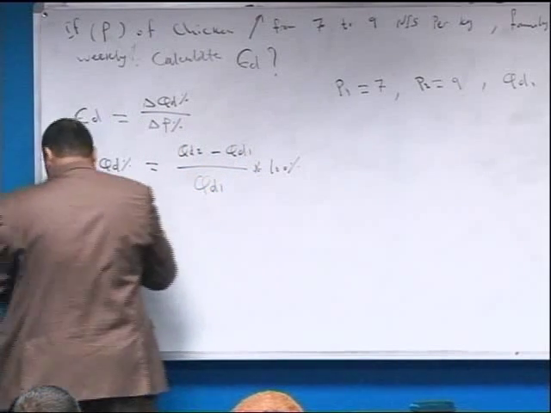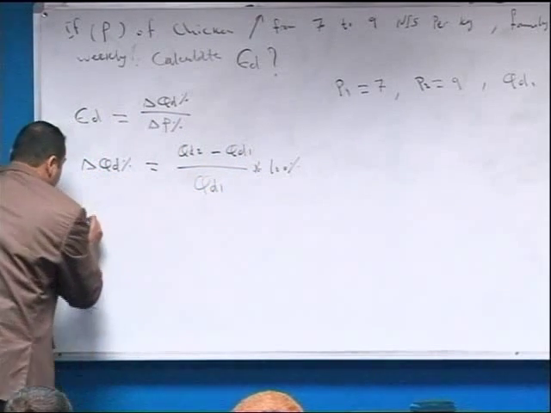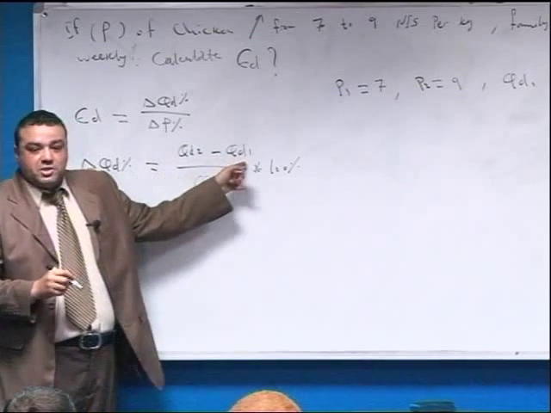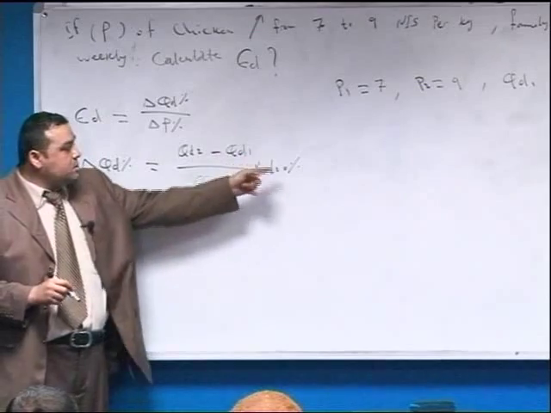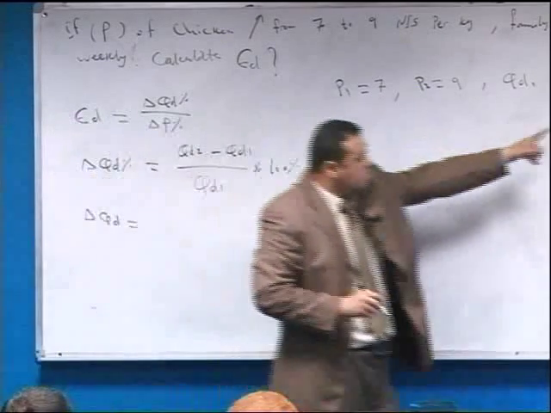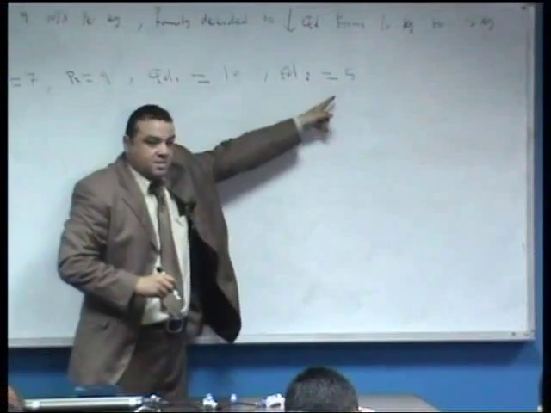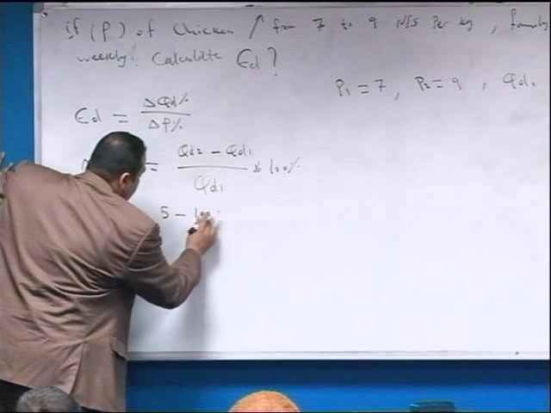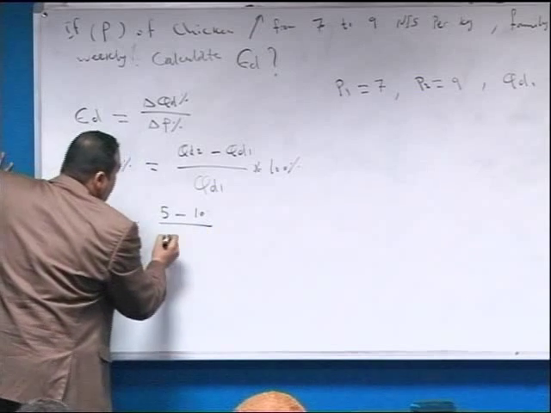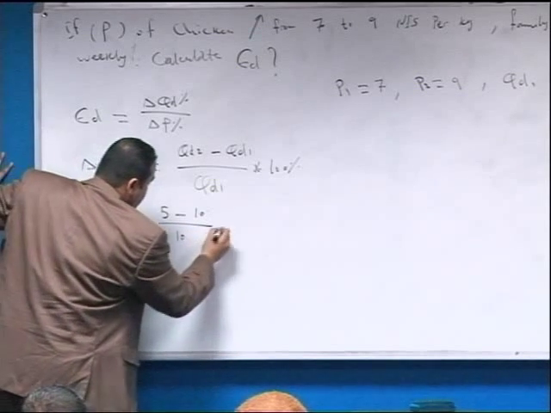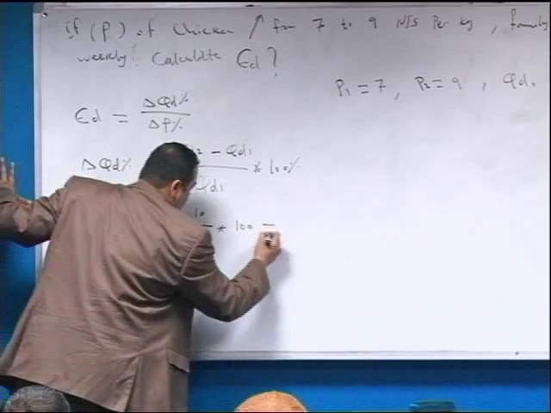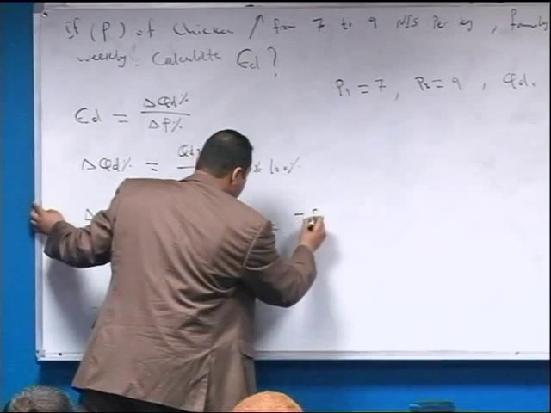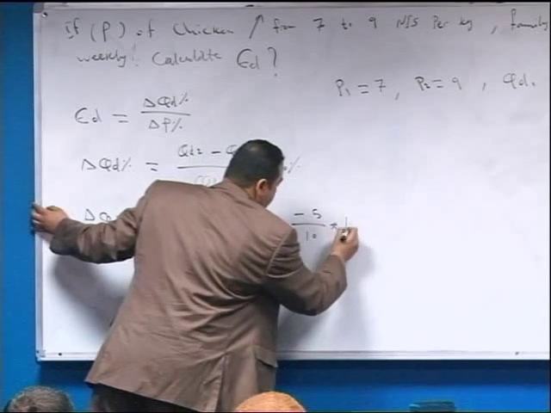Delta QD equals QD2 minus QD1 over QD1 times 100. QD2 is 5, minus 10, over 10, times 100, equals (5 minus 10) over 10 times 100.